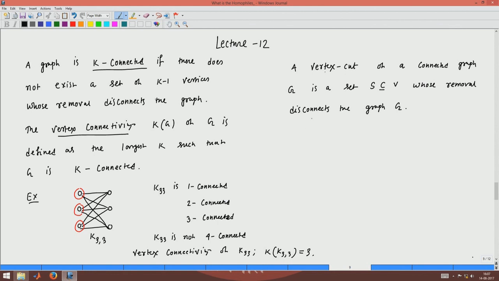And the other way of understanding this vertex connectivity in terms of vertex cut is the following.